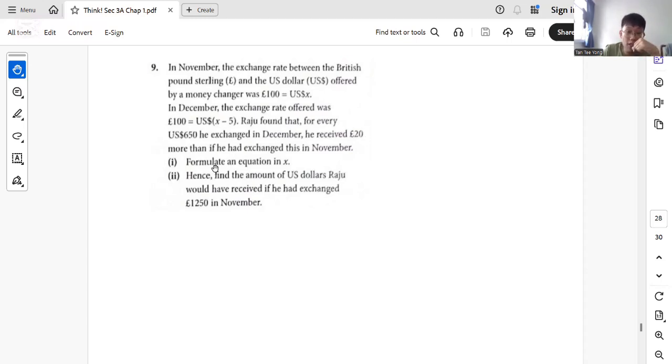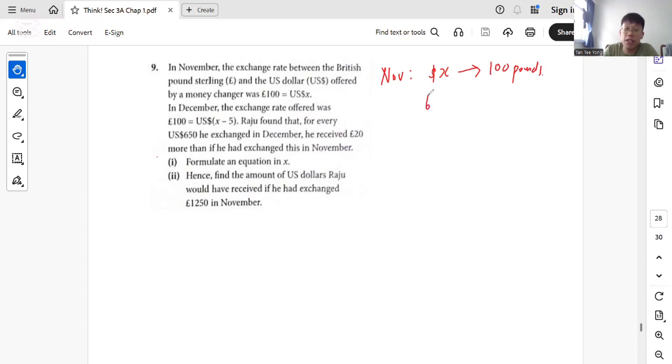All right, so in part one, you must formulate an equation in X. Basically, what I will do is find out how much British pound he has if he changes in November. For every X USD, you get 100 pounds.